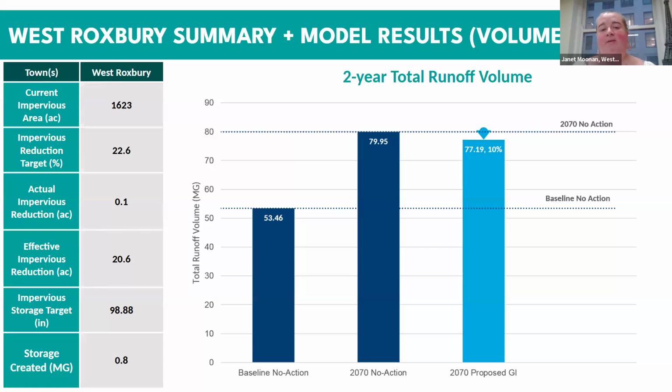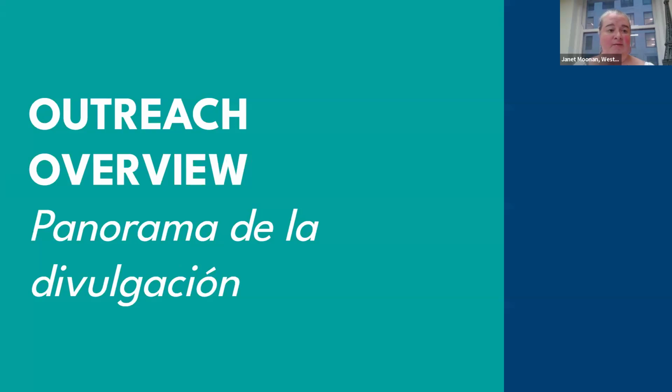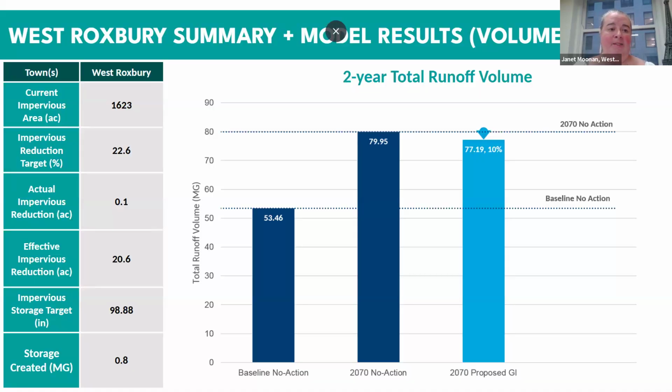So this project, because of the size of the catchment and how impervious it is, a lot of impervious cover, only had minimal flood benefits, but still did reduce flooding by 10% in the overall catchment and was able to create 0.8 million gallons of storage. But it did only reduce impervious cover by a very small amount, about 1%. As I said, if you were to use a submodel approach, you would see better benefits from these localized improvements.